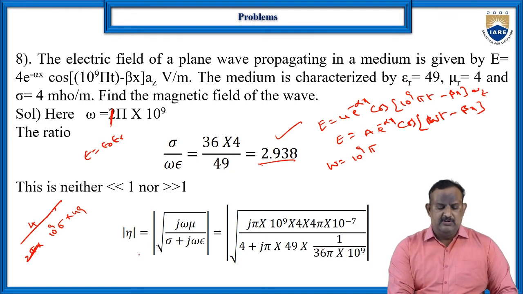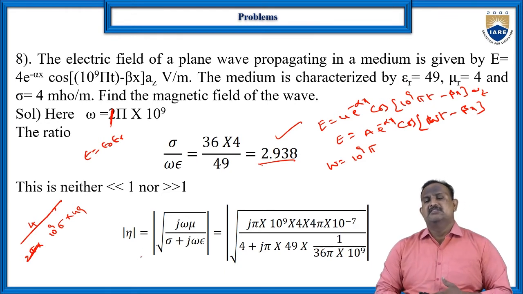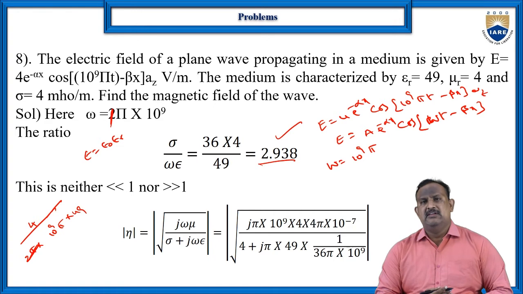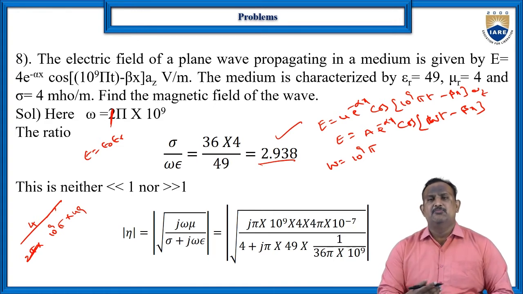To find the magnetic field, let us find the intrinsic impedance. So here we have the intrinsic impedance formula, eta is equal to root of j omega mu by sigma plus j omega epsilon.